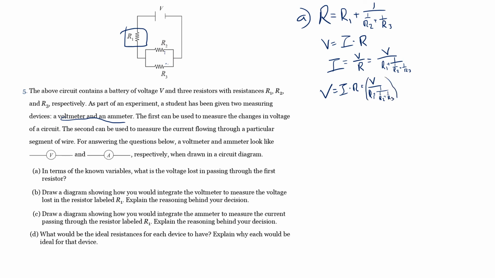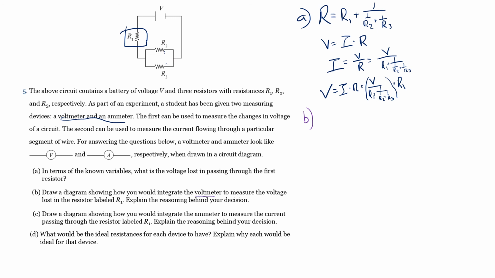Close that off. Times the resistance, all right? So times the resistance for just him, which is just R1. And so that's it. Don't need to simplify it. Just leave it the way it is. It's fine.